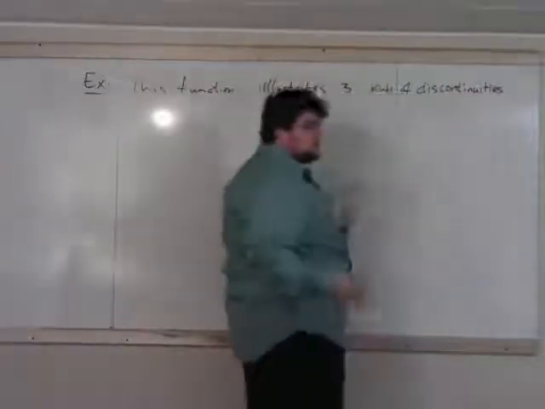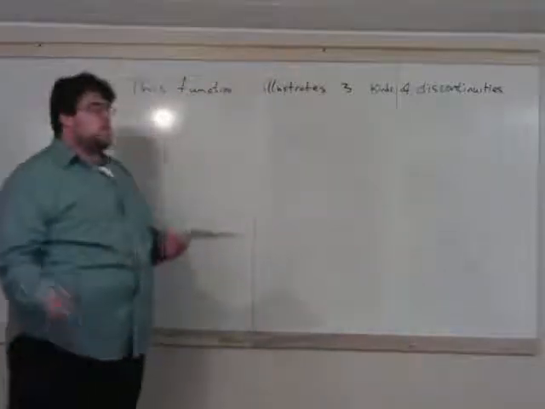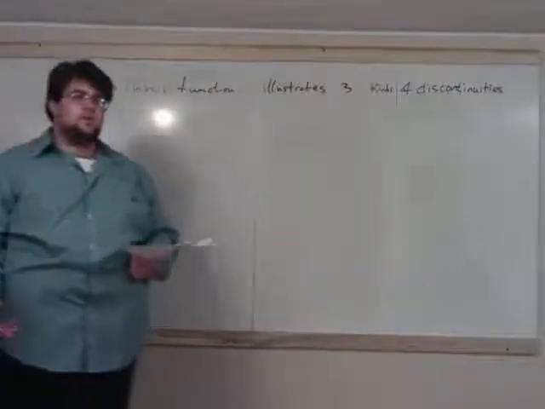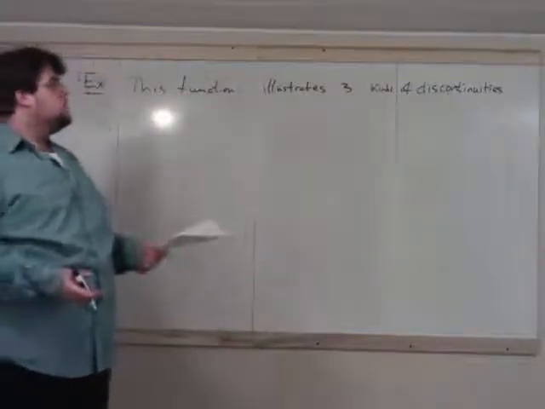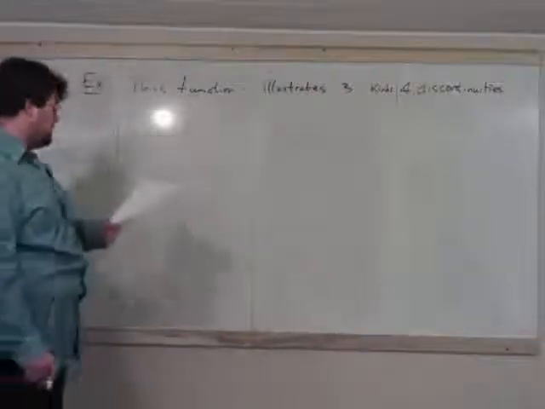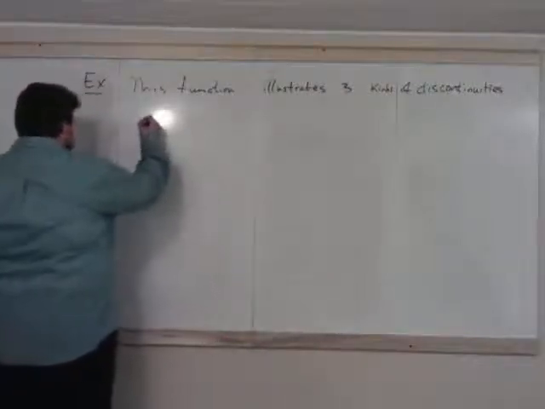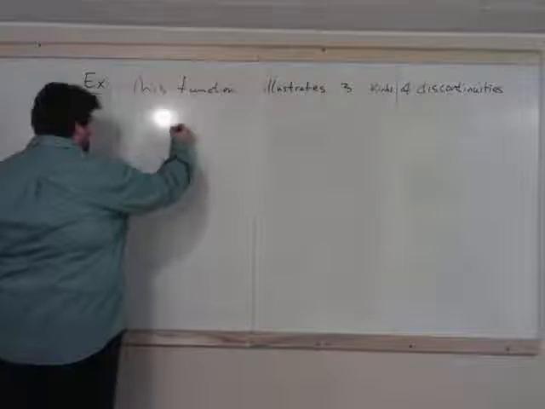Of course, when a function is not continuous at a point, we say it is either not continuous or it has a discontinuity. So let's look at this example.